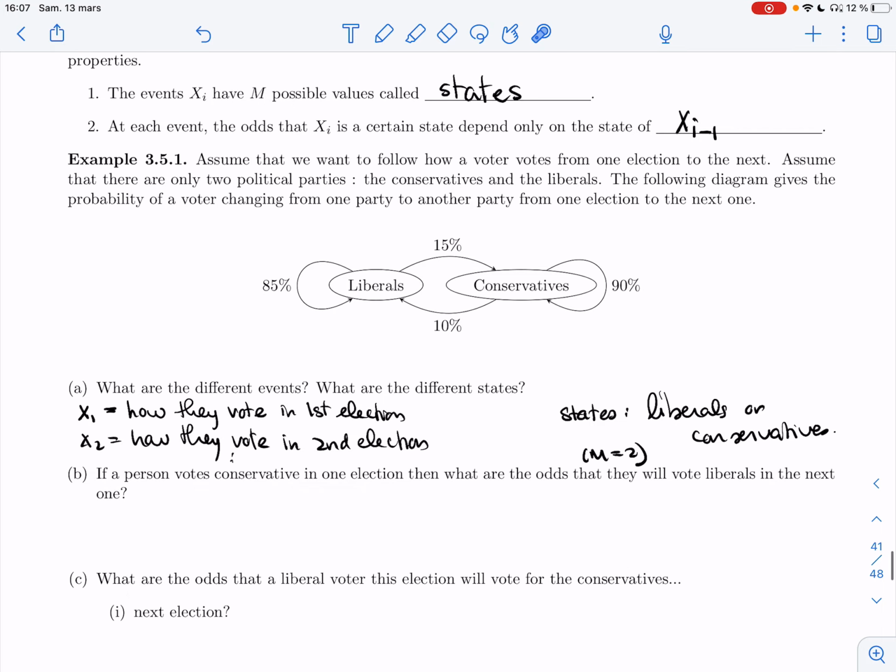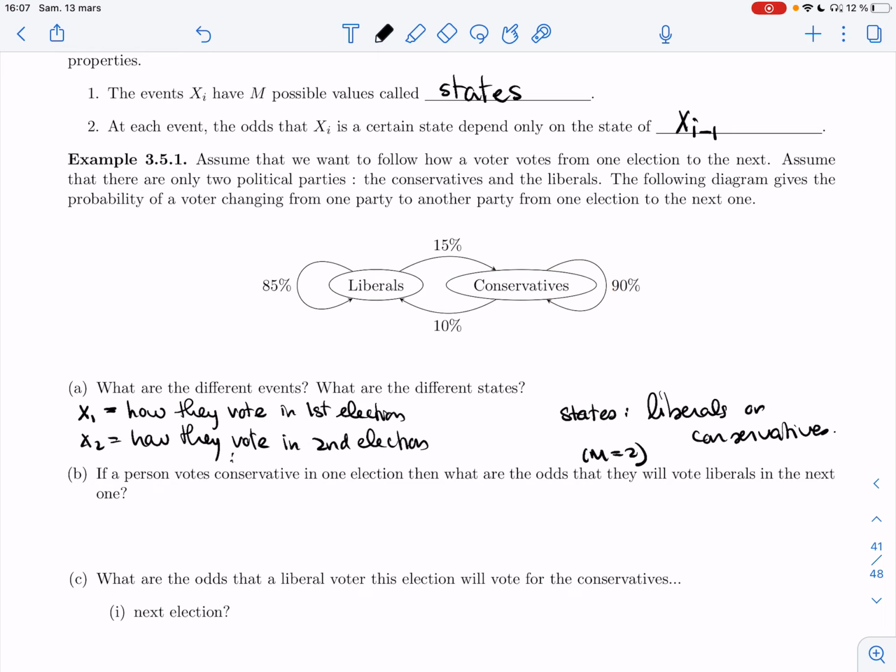All right, so if a person votes conservative in one election, then what are the odds that they will vote liberals in the next one? They're currently conservative, and we want to know what are the odds that they move to liberals. That's what this number says, right? There's a 10% chance that somebody who votes conservative moves to the liberals, and they have a 90% chance of staying conservative.